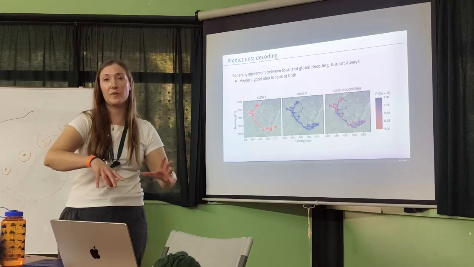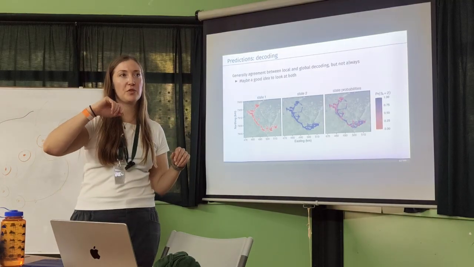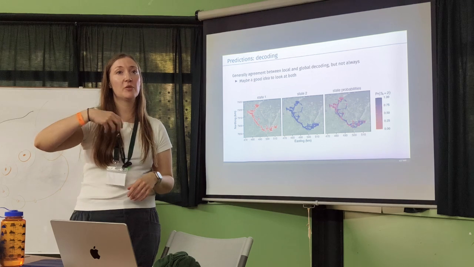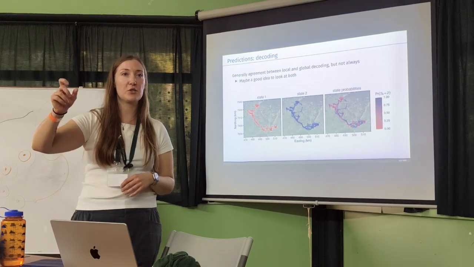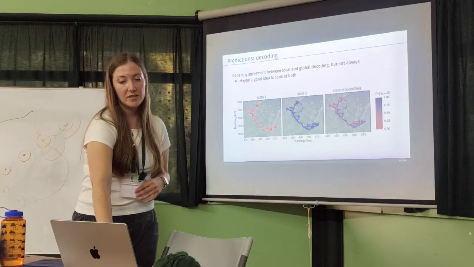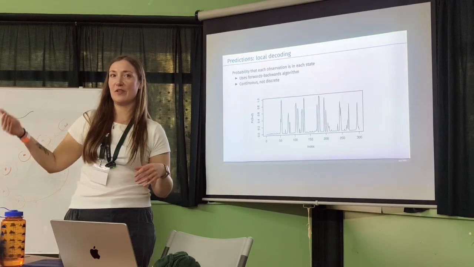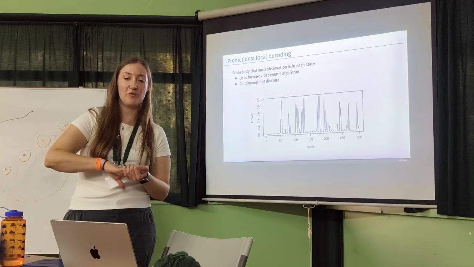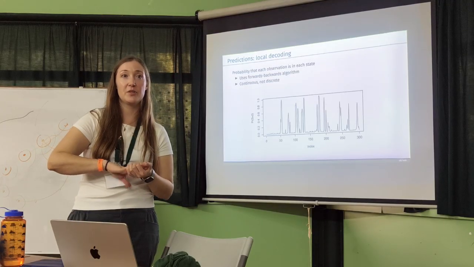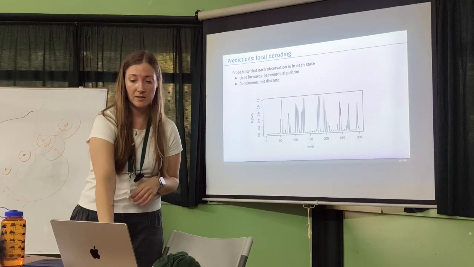So the Viterbi algorithm will give you the most likely state. So it'll give you like either a 1 or a 2 for each observation. And so that'll be using the Viterbi algorithm. Whereas local decoding will give you the probability of being in each state for each observation. And that's using the forward-backward algorithm. So you could do both. They'll give you different outputs.